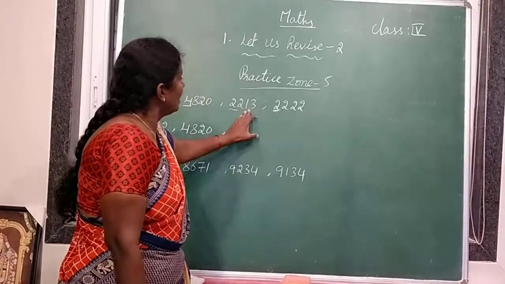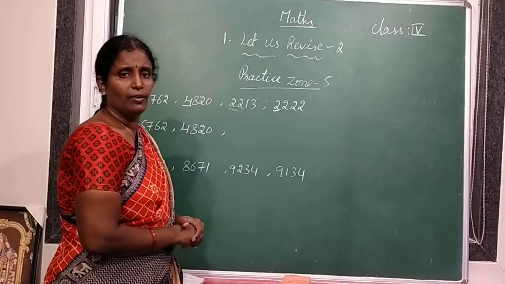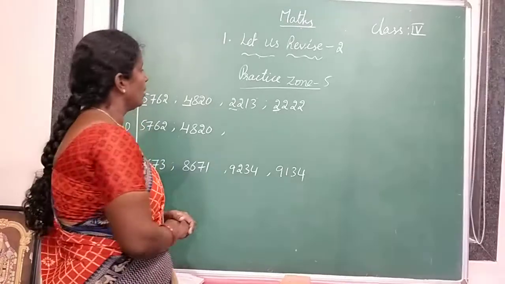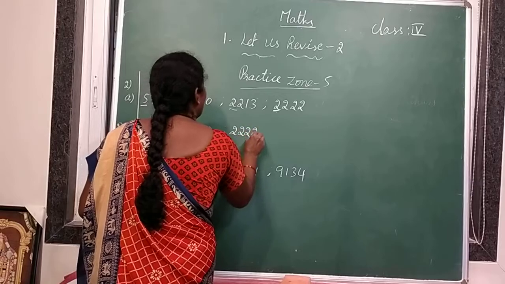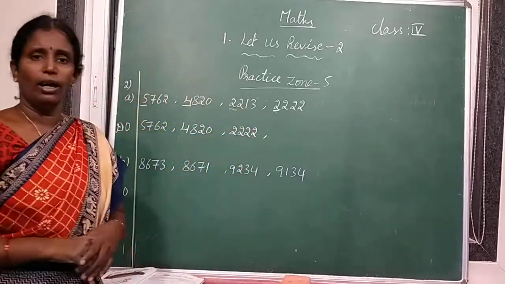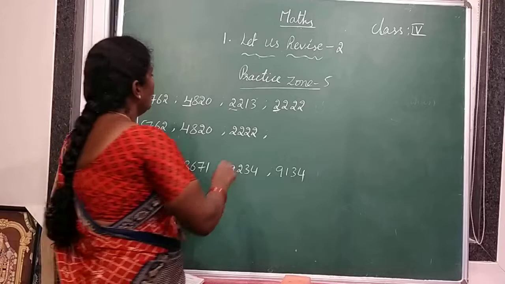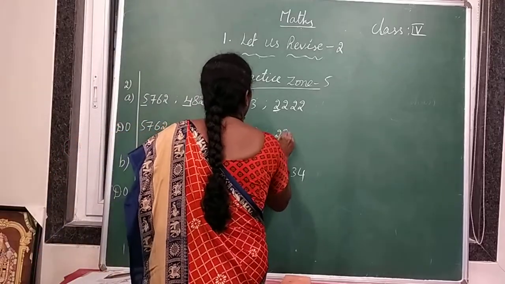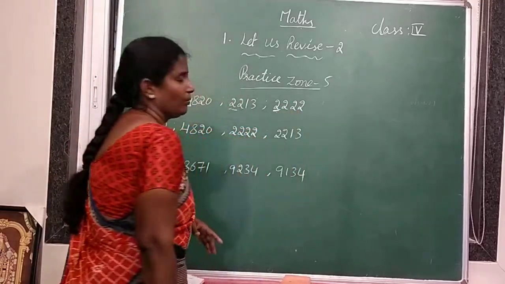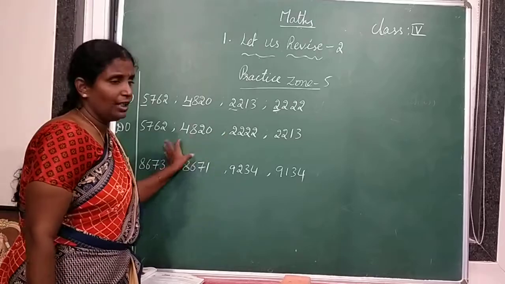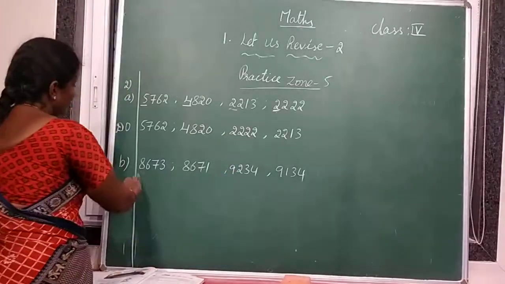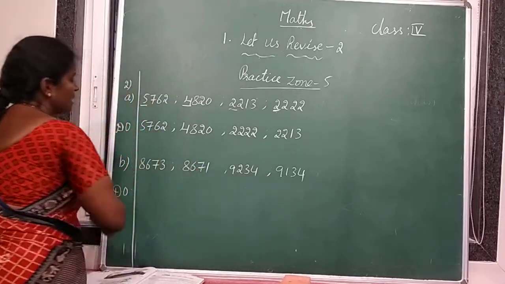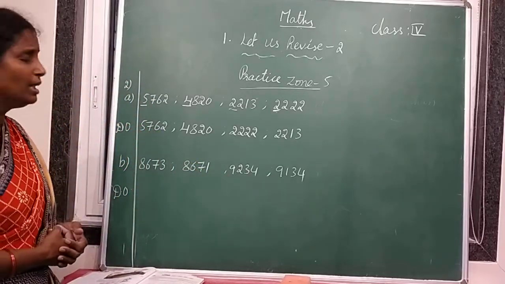So 1 ten is greater or 2 tens are greater? 2 tens are greater. So 2222 is greater than the 2213. So again 2213 is the last one. Is it in descending order? Yes.